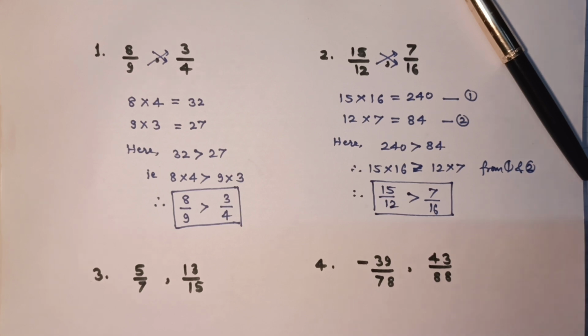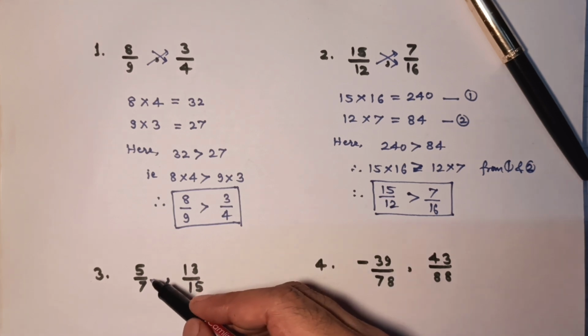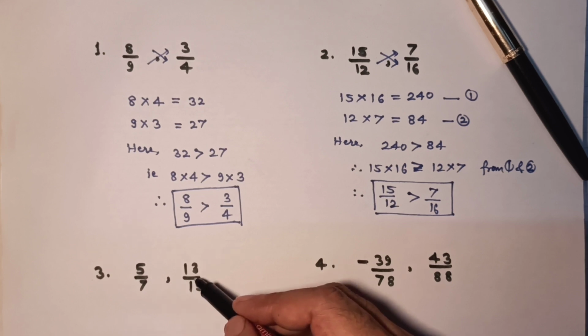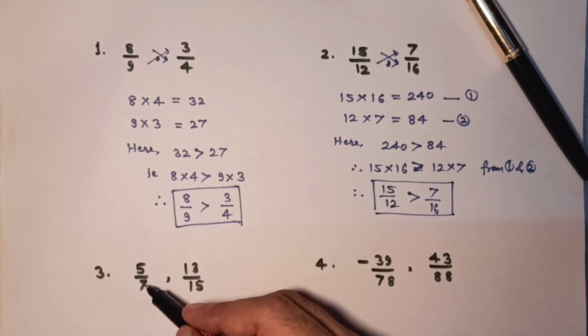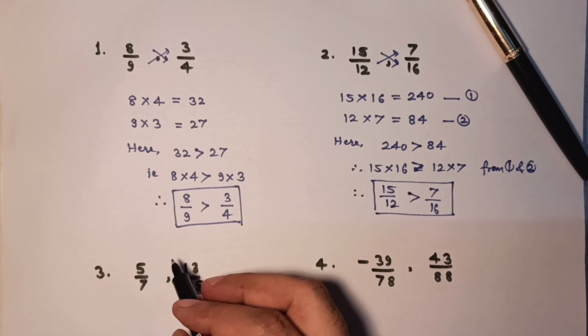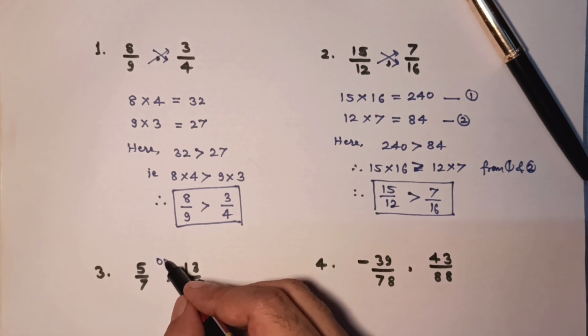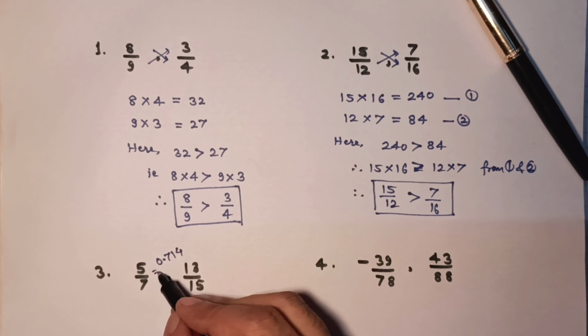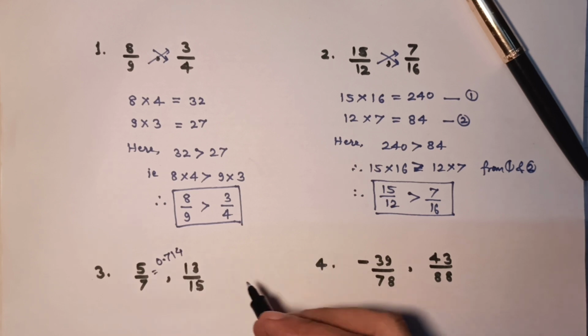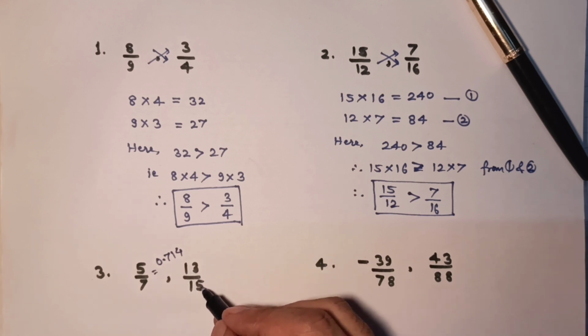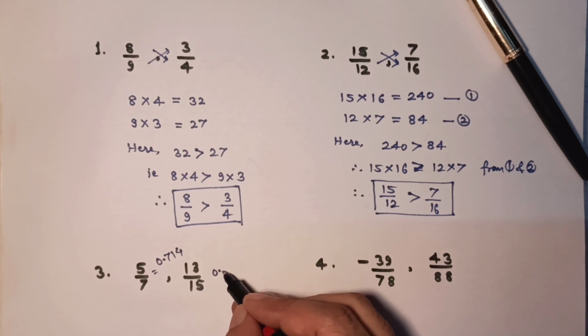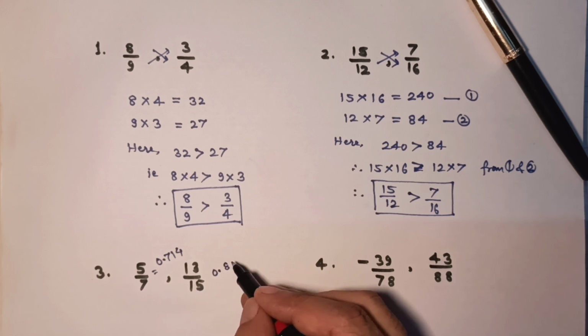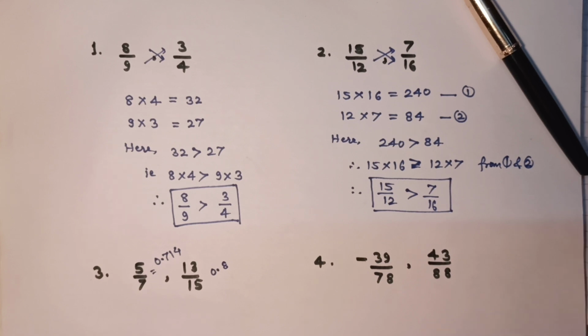My dear students, you can find and compare the numbers by dividing also, or getting the values. If I divide 5 by 7, my answer will be something like 0.714. Whereas 13 upon 15 will be 0.866.